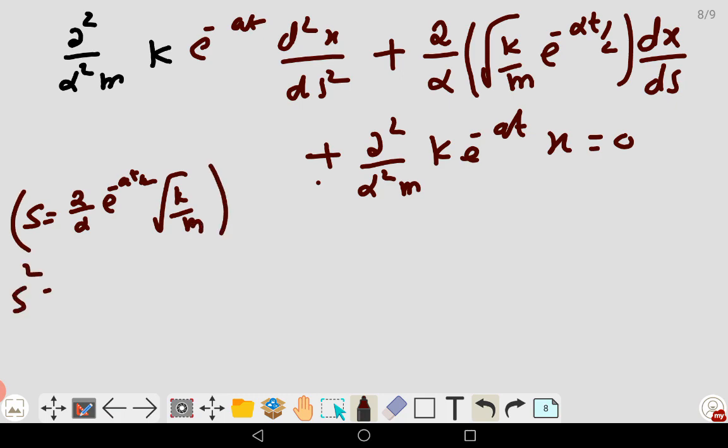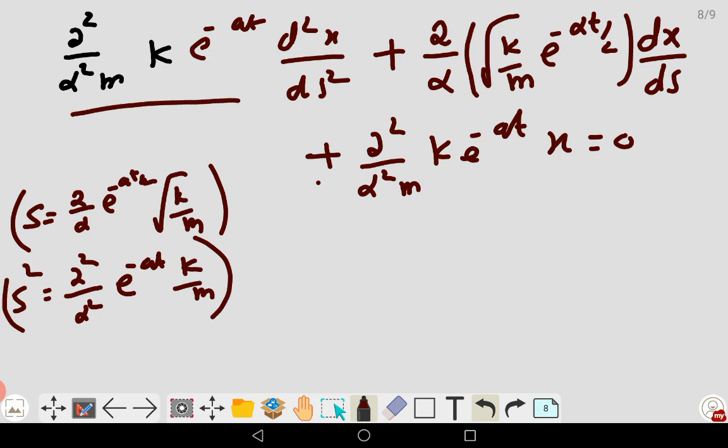So what is s square? S square will be 2 square over alpha square e raised to minus at k by m. So wherever this term comes, we are going to replace here. See, 2 square alpha square divided by m k by m, isn't it? E power minus at. So the first term is s square d square x by ds square.